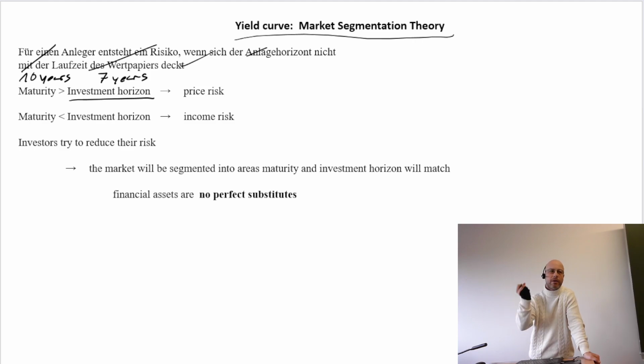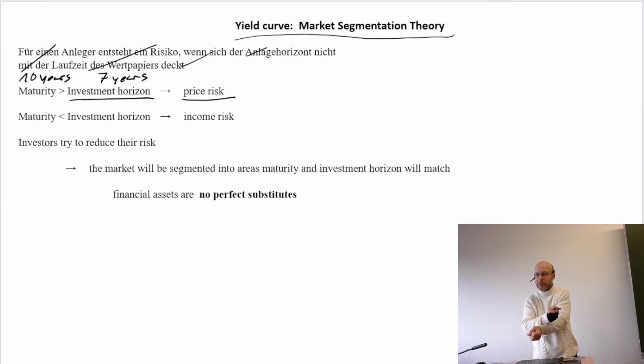Well, if you can only invest in a bond with a maturity of 10 years, but you want to invest only 7 years, then you have to sell the bond earlier. So you don't get your invested 100 out of it. You get after 7 years the price out of it. It could be higher than 100, but of course it could also be lower than 100. And therefore we say if investment horizon and maturity do not match, you have a price risk if the maturity is larger than your investment horizon.